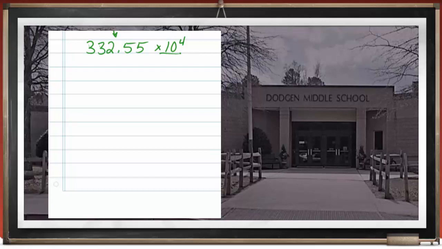So we want to ignore this power right now and just deal with the term so that we can give it a base 10 and move the decimal.